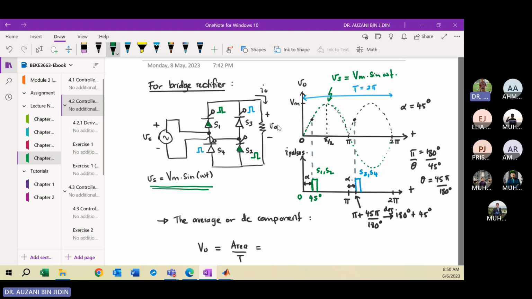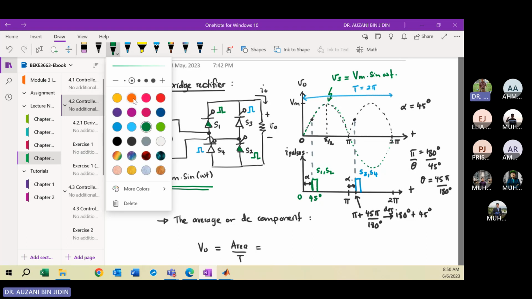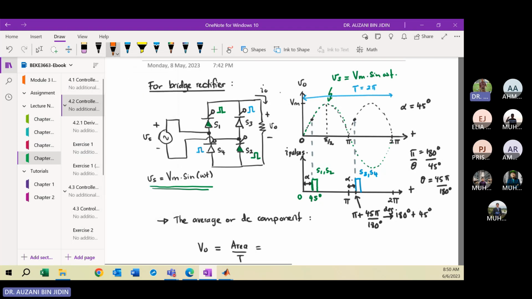Is it right? So in this case, what color should I use for your output? Orange color. So when you inject the current pulse, the output voltage initially will be 0, right? From 0 to alpha.